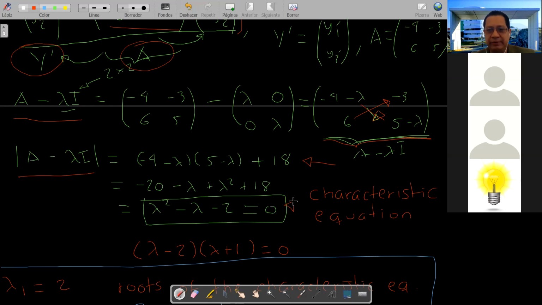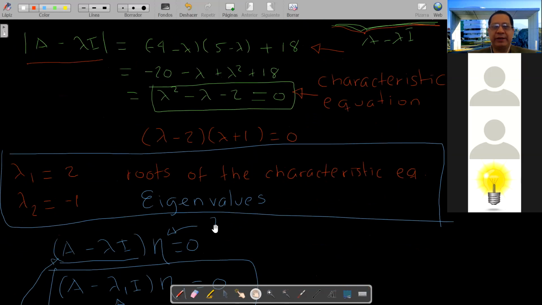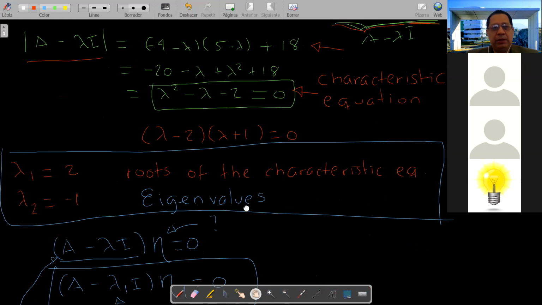This is called the characteristic equation. The determinant of the matrix A minus lambda I equal to 0 is the characteristic equation. You find the two solutions of this characteristic equation using any method you like, and you get the roots, which are called the eigenvalues.